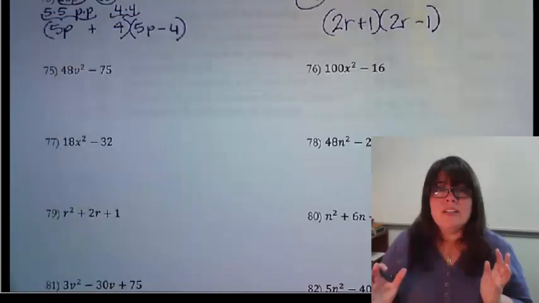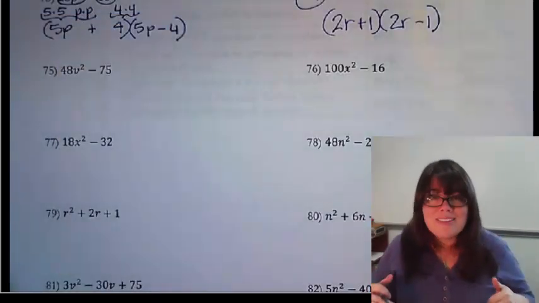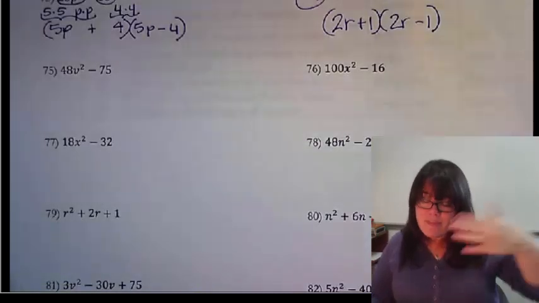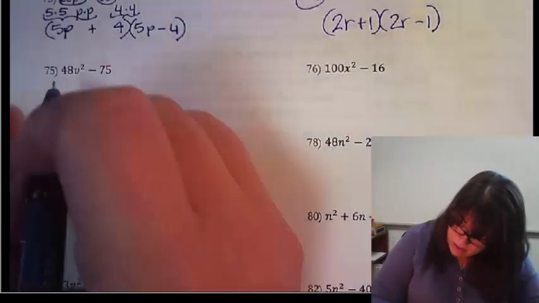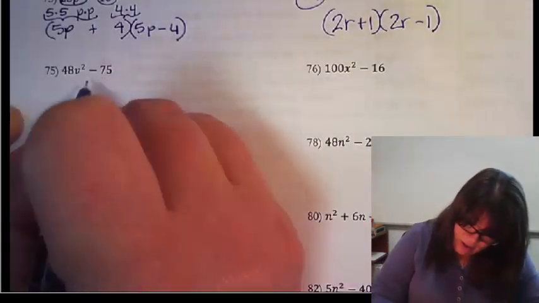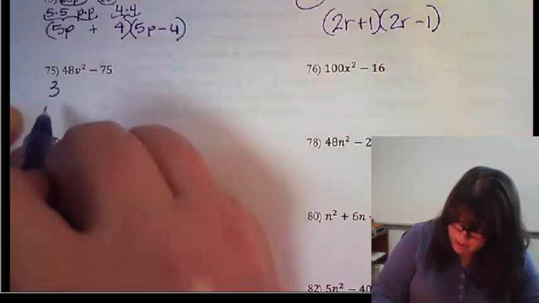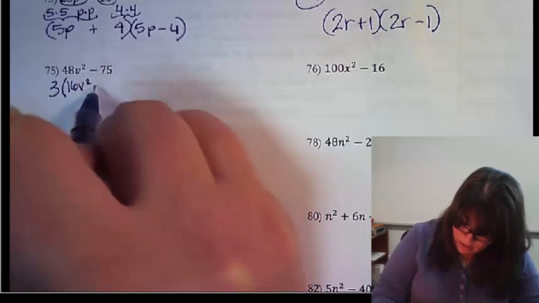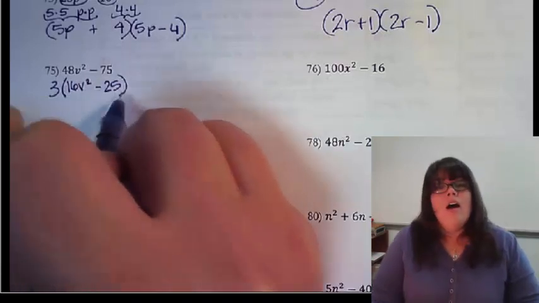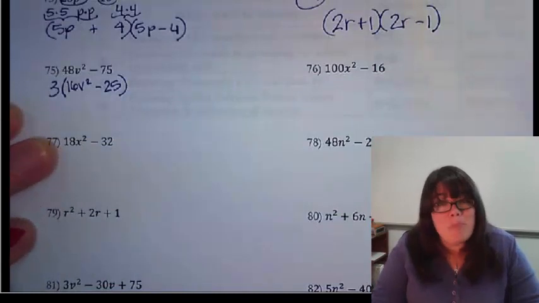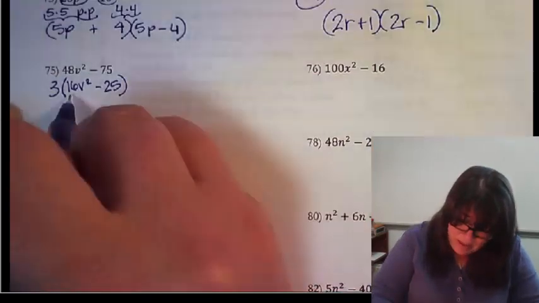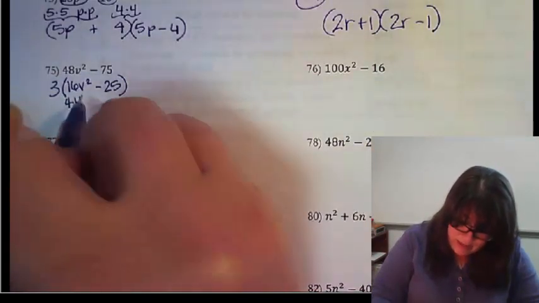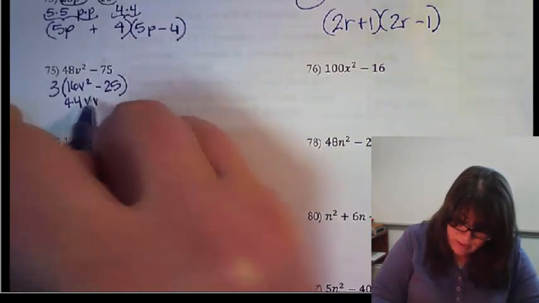What do we do? No sweat. Just factor out your GCF. Let's see. If I factor out from 48 and 75 a 3, then my leftover is 16b squared minus 25. Whew, that's much better because 16 can be written as 4 times 4. b is b times b, and 25 is 5 times 5.